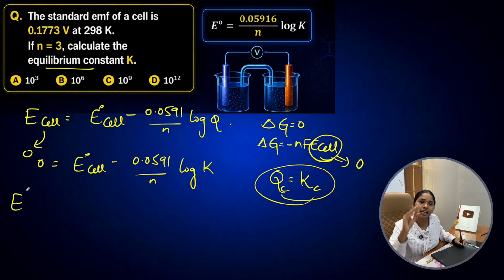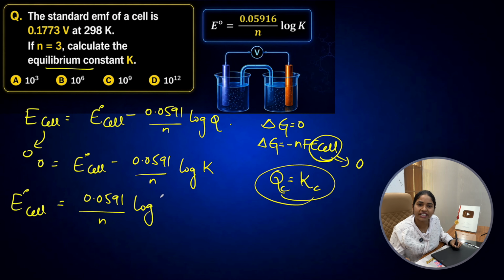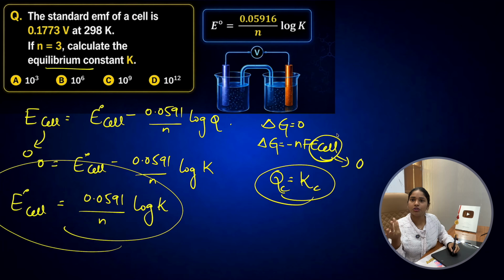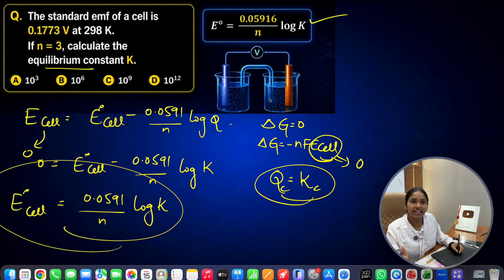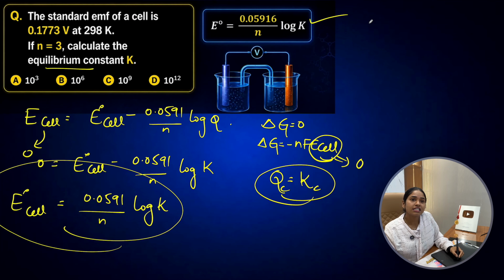Now E naught cell you keep on this side, all the remaining terms you move that side, then minus becomes plus. So E naught cell equals 0.0591 by n log K, or log Kc, the equilibrium constant. This is the formula. If you know this formula, you can directly substitute. No need, as I mentioned here, to derive anything. After that, E naught cell they have given in the question. How much?